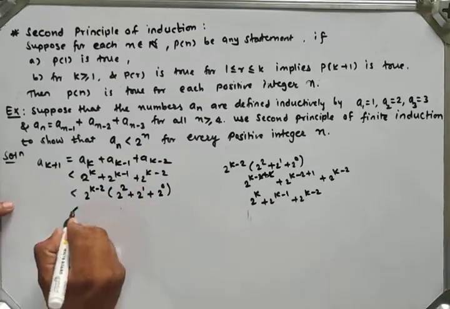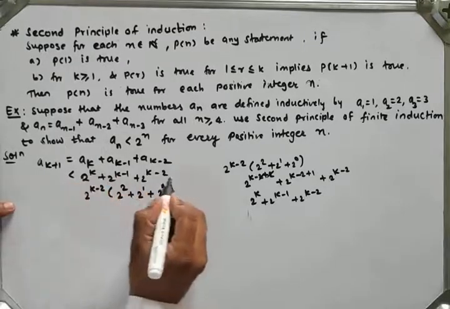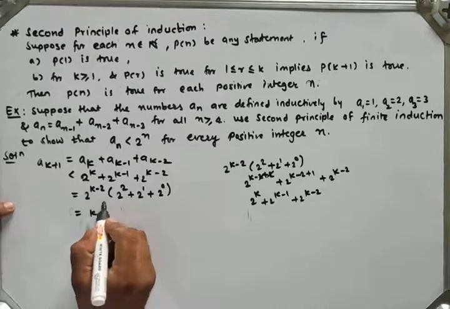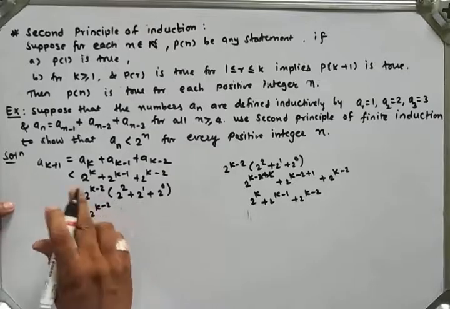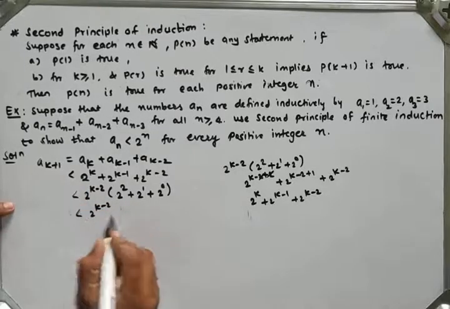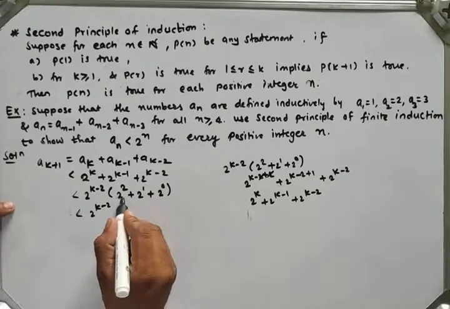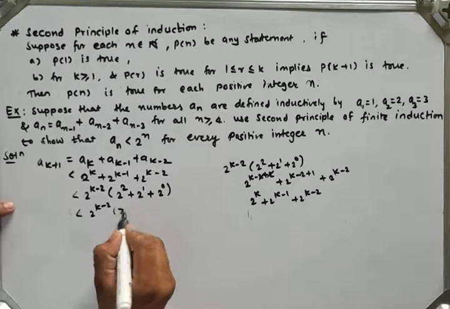So here I get this. Now, which is less than 2^(k-2) times the addition, which is 2^2, 4, plus 2, 6, plus 1, 7, so which is 7.